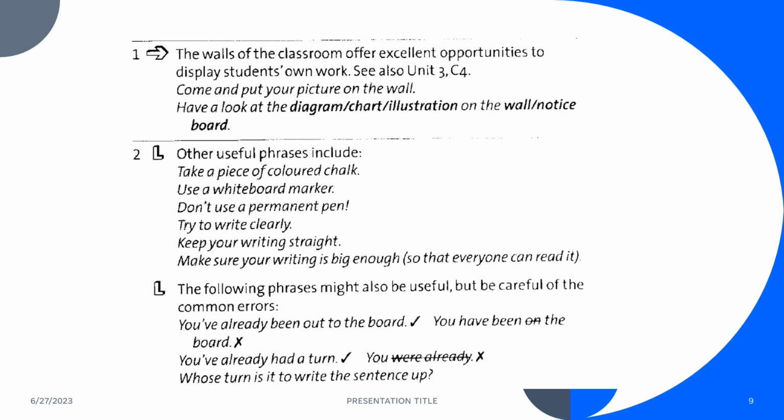For example, the correct one is you've already been out to the board. The incorrect one is you have been the board. The correct one, you've already had a turn. You, yeah, you. Whose turn is it to write the sentence up?